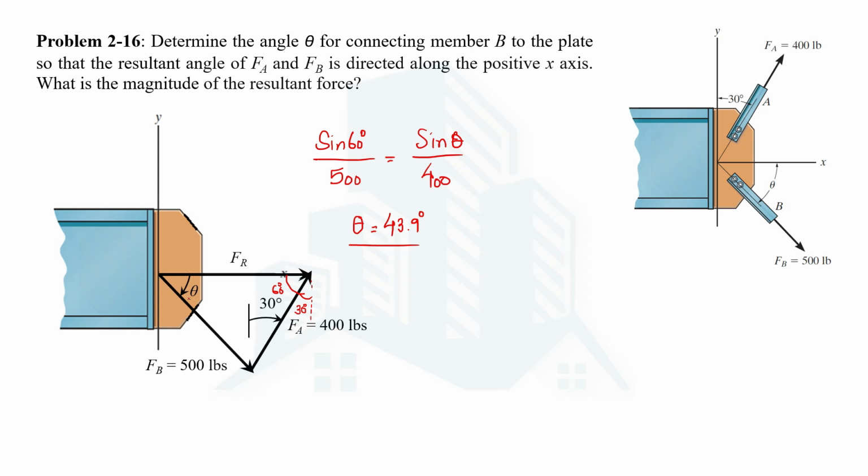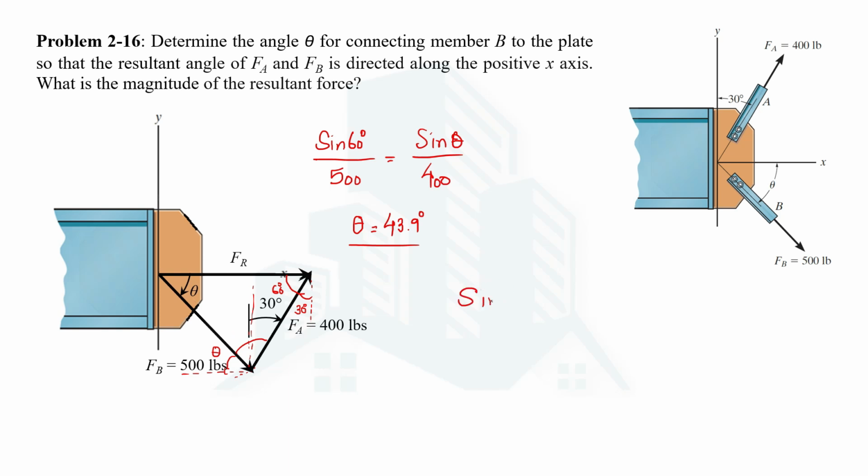Now if we know theta, then we can determine this interior angle. How are we going to do this? If we have an imaginary line here, and this angle is theta, then this angle will also be theta. If we have this vertical line where this is theta, then this will be 90 minus theta, and this angle is 30.